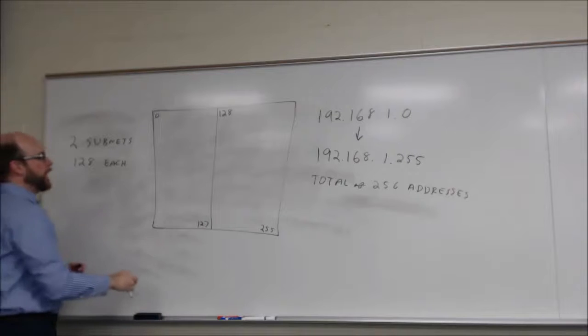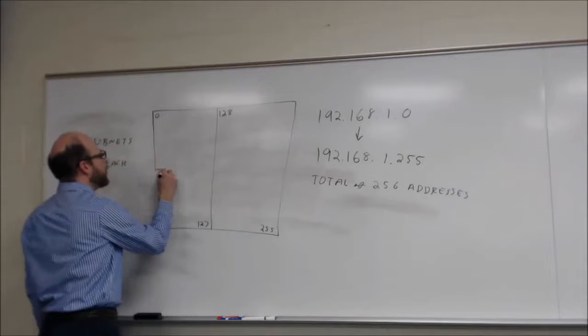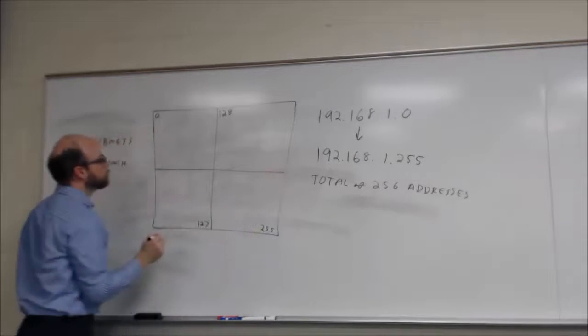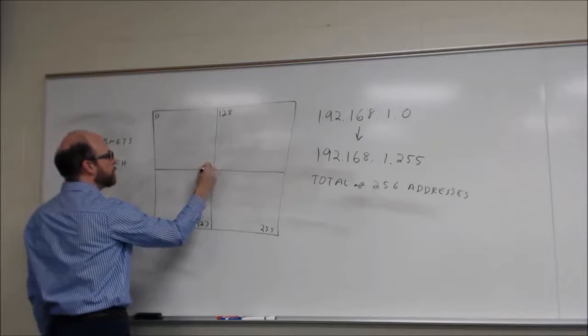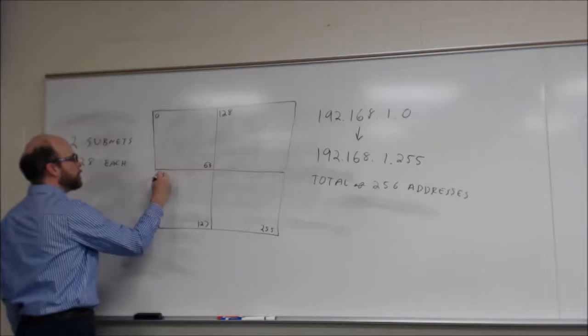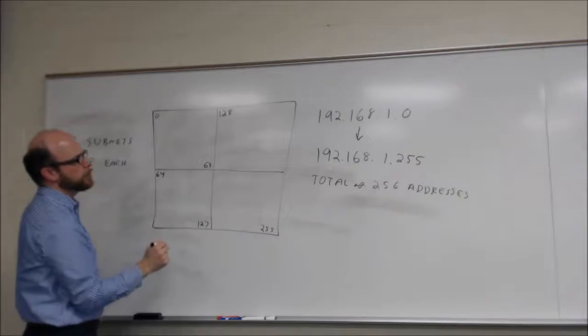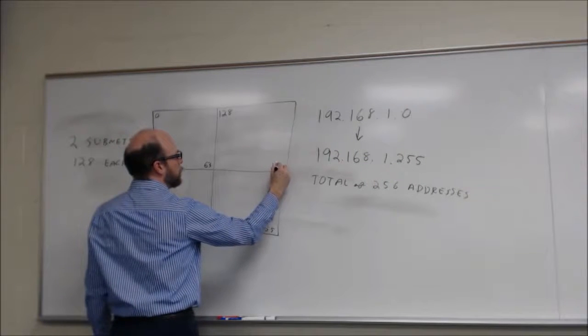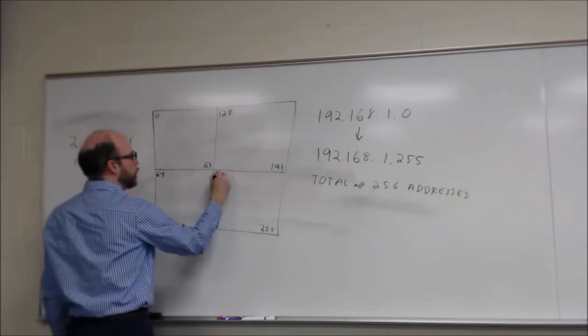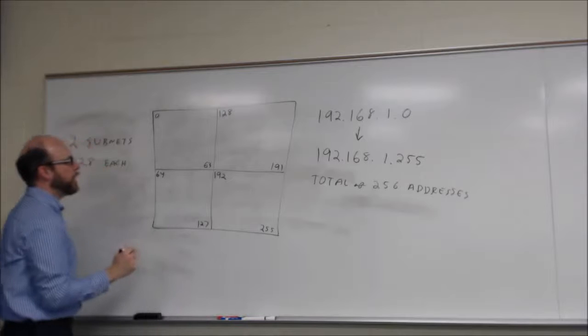We can still divide this in half again. So now if we cut this in half this way, we can go from 0 to 63 and 64 to 127. And we can go from 128 to 191 and 192 to 255.